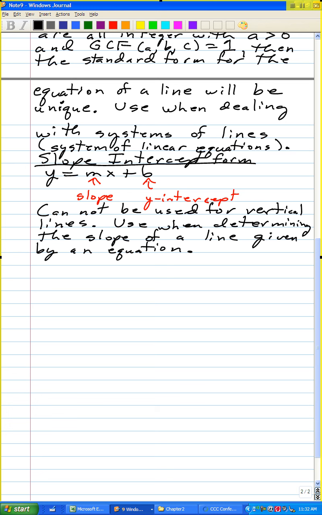Next, the point-slope form for the equation of a line. y minus y1 equals m times x minus x1.